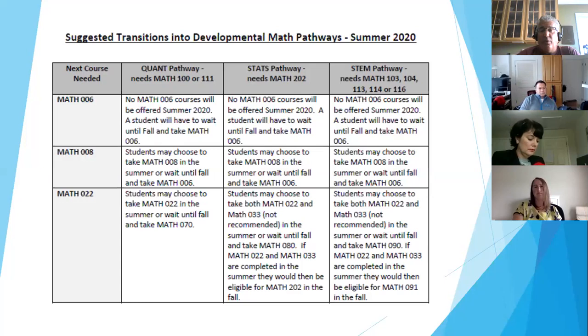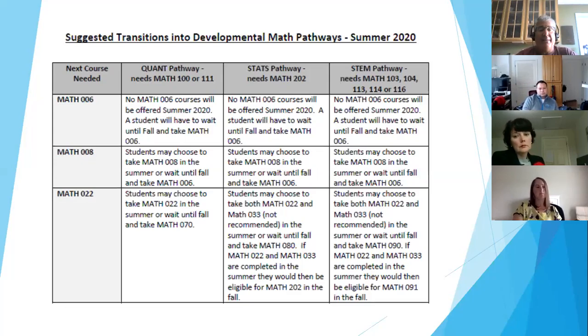They need to get to 100 or 111, and the prereq is 022 or 070. So if they don't want to take 022 this summer, they can wait until the fall and take 070. If they want to get into 100 or 111, they would take the 022 this summer.